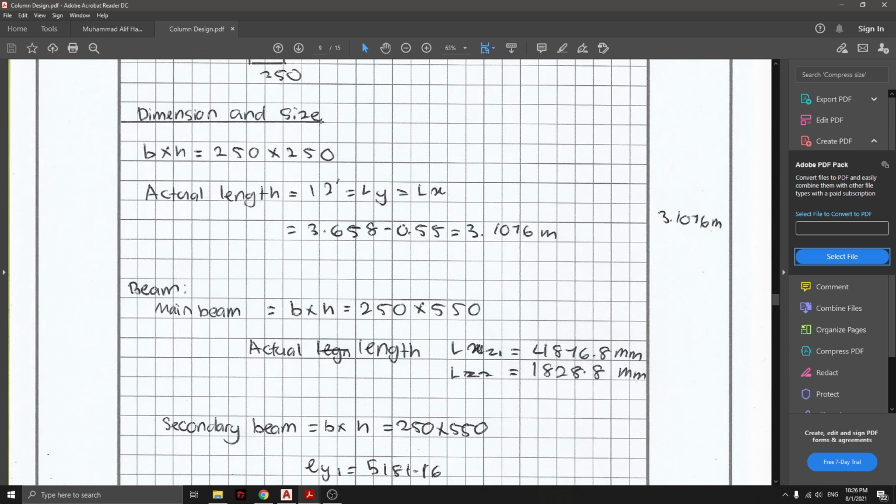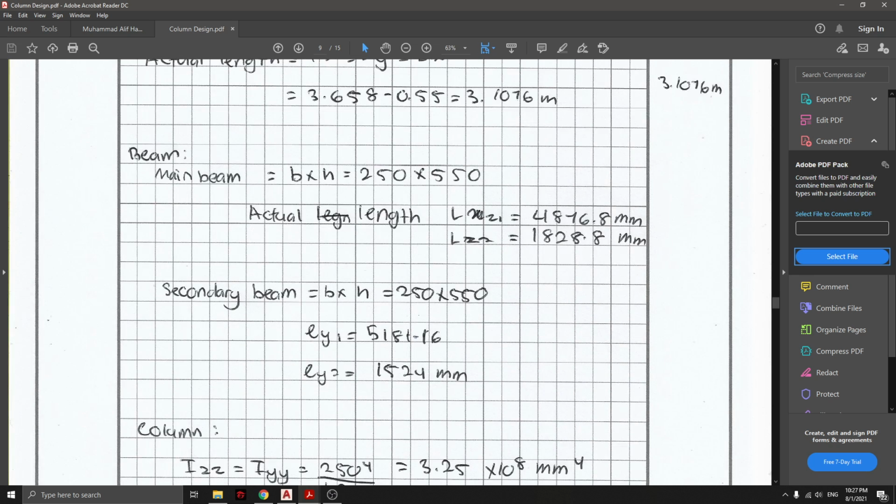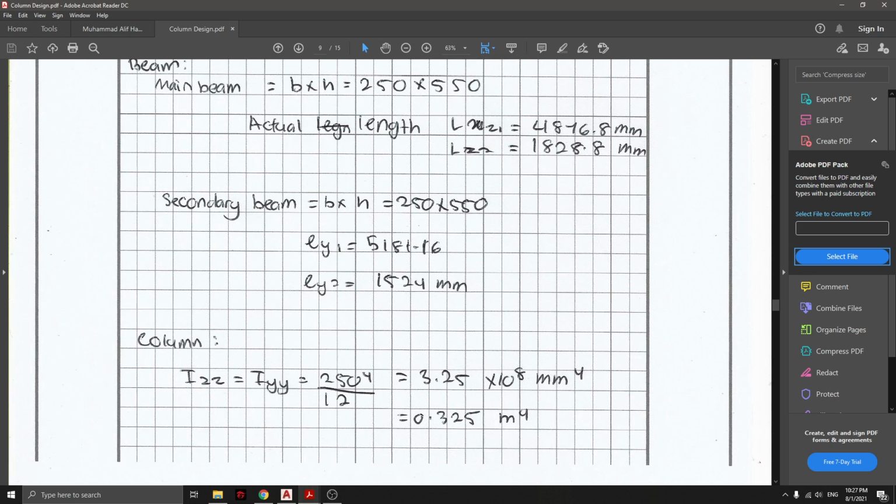Then we find beam, main beam B times H 250 times 550 for LZ1, LZ2, LY1, LY2, column.